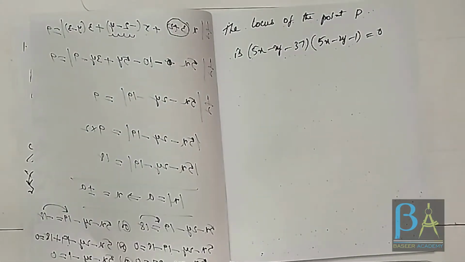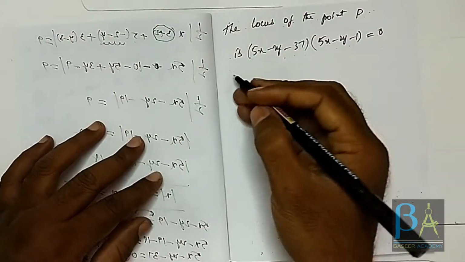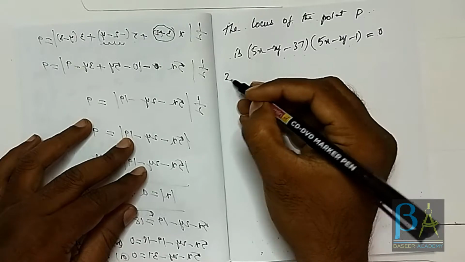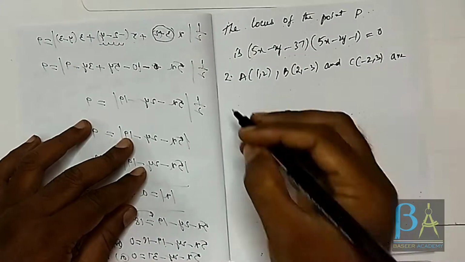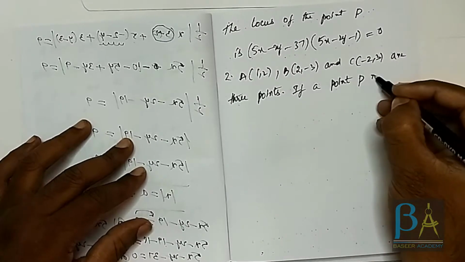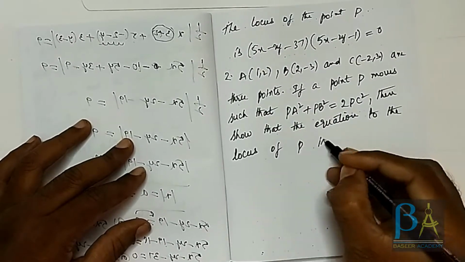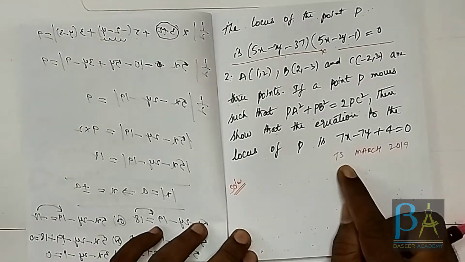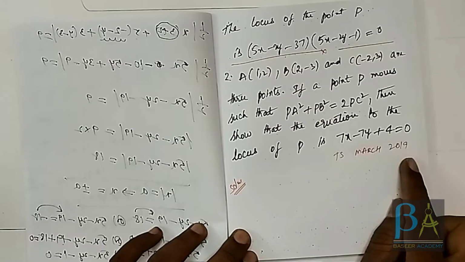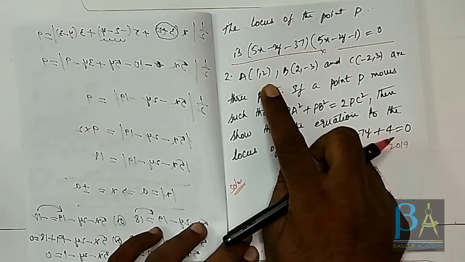Now I have another question here that was asked in intermediate first year examination, Telangana State March 2019 question paper. Let me write the question for you. There's a point A with the coordinates 1, 2.